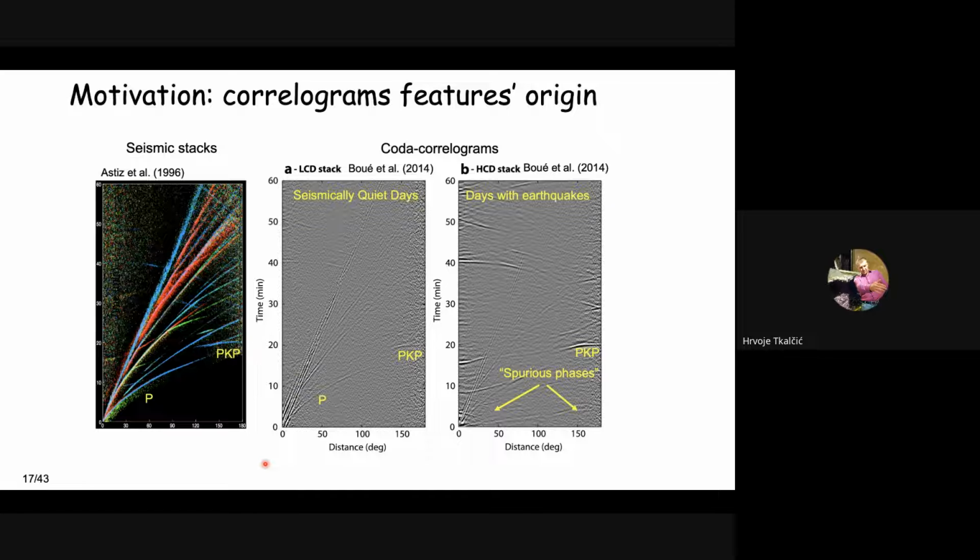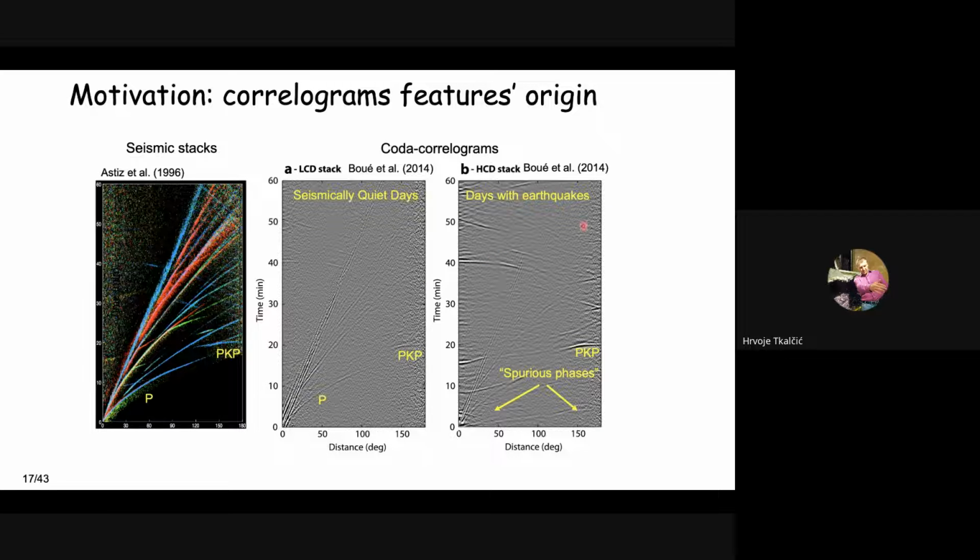So you can see here on the left, the classical travel time section, which I already explained. And then you can see here on the right, the work of my colleague, Pierre Bouet from Grenoble. So during the seismically quiet days, this is what you obtain when you compose the global correlogram, something that looks very similar to the seismic stacks.